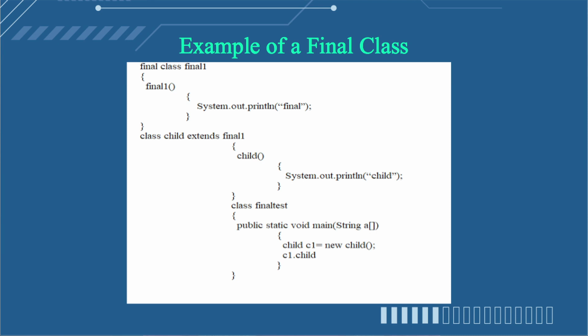We have also created an object of the child class, child C1 is equal to new child, in the main method. In this program, if we try to inherit the class final1 in the child class, it will give an error because of the final keyword on the parent class. So this is about the final class.